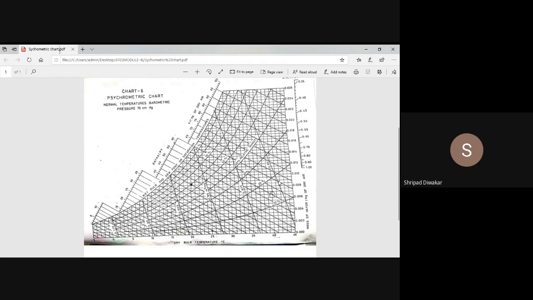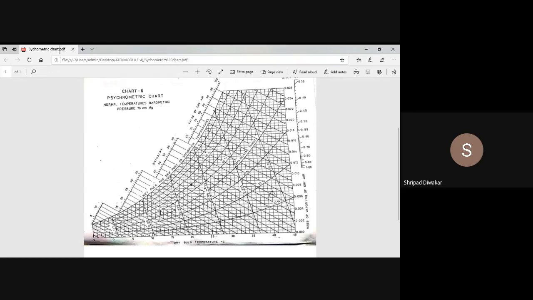Then how do we read the wet bulb temperature in the psychrometric chart? Till now we concentrated only on the vertical and horizontal lines. Now observe the inclined lines. There are so many inclined lines in the psychrometric chart, projecting from the saturation curve. Remember, we always take the wet bulb temperature with respect to the saturation curve.